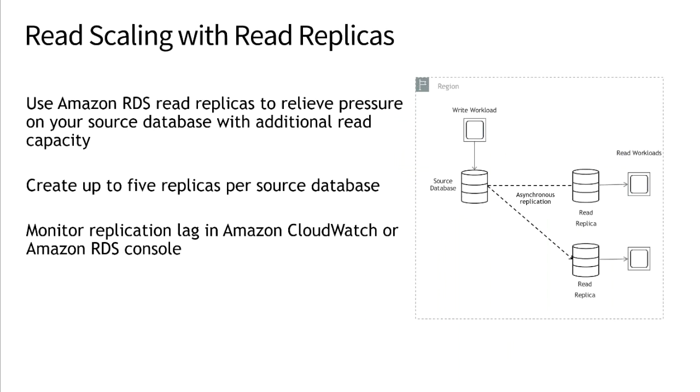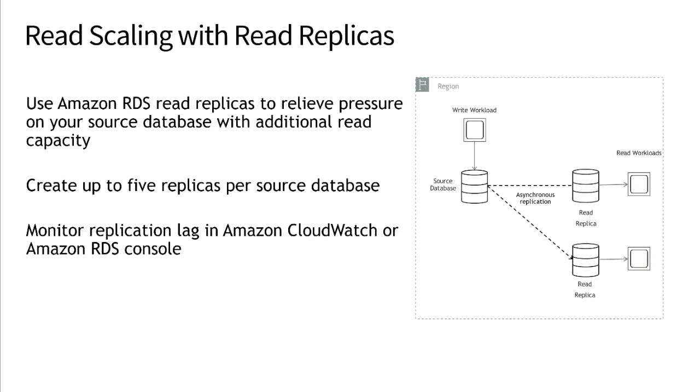Now, in the case of adding additional databases for scaling purposes, here we're not doing it for failover purposes. Here we're adding additional database replicas just to increase our read scalability. So you can do that to relieve pressure on your source database by adding read capacity.